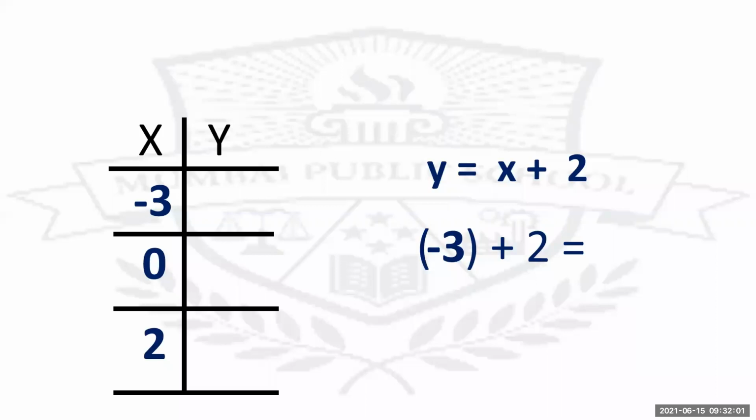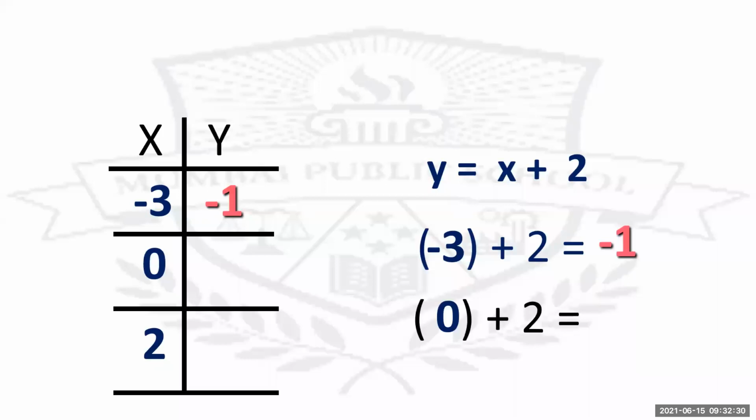Now check. When you substitute -3 in place of x, what will you get? y equals -3 plus 2. So what is -3 plus 2? It is -1. So y is -1. Next, in place of x, you substitute 0.